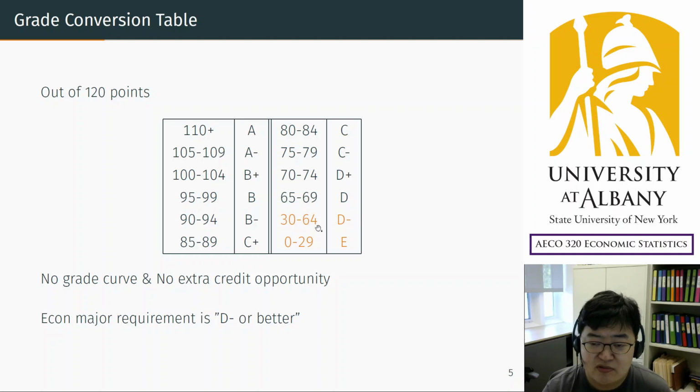So that's why I allow a huge margin here. I don't want to fail you. Failing you is also painful to me. So I allow a huge margin here. So it is your responsibility to get at least 30 points. Right?